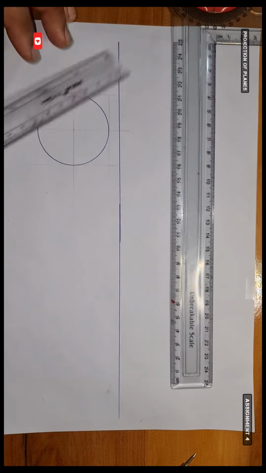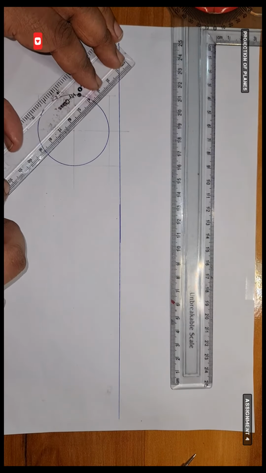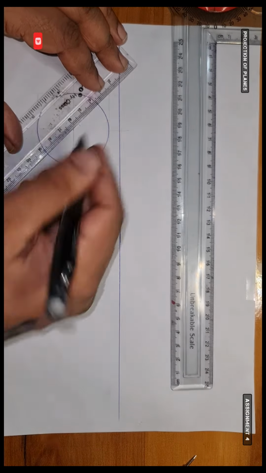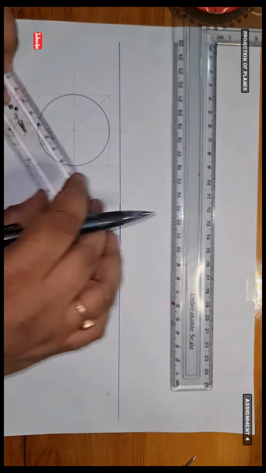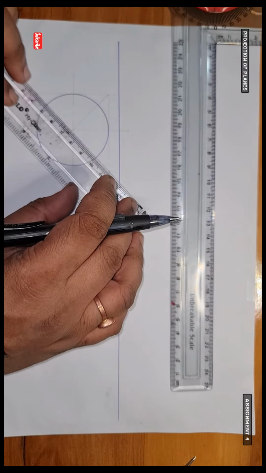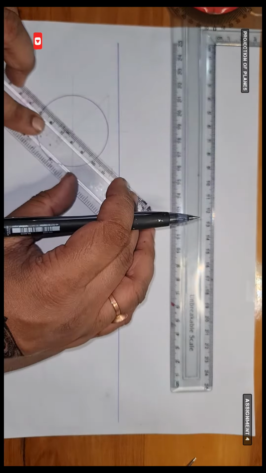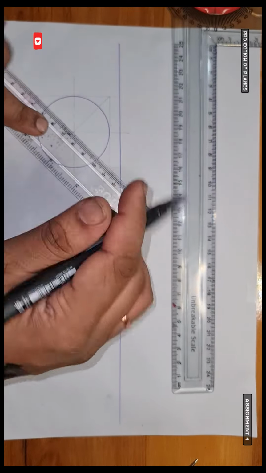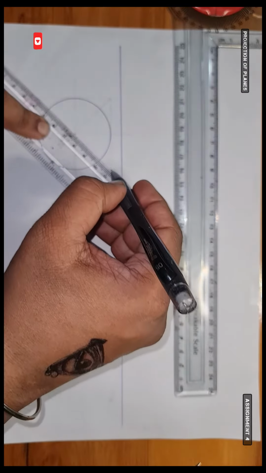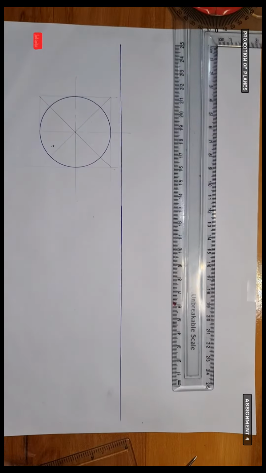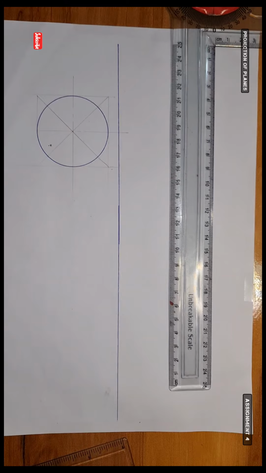And join their diagonals. You will get an angle of 45-degree. It's basically the virtual corners of this circle, and it will help to generate an ellipse.